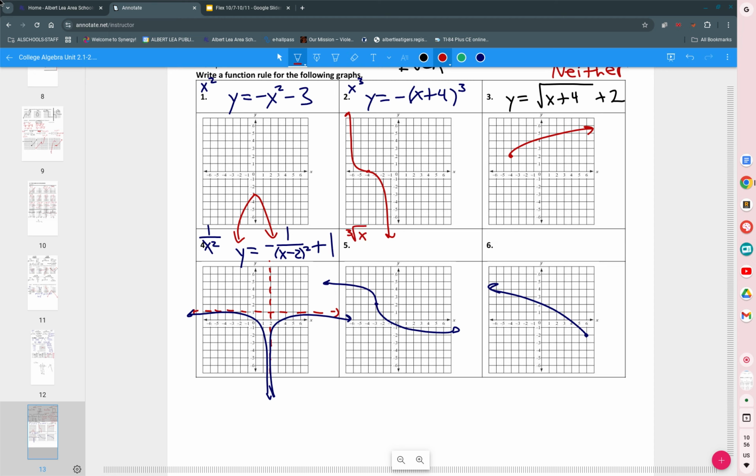The parent function is a cubed root of x function. So I have the cubed root of x plus 3 because it's shifted to the left 3. It's shifted up 2, so I have a plus 2, and it is flipped upside down.